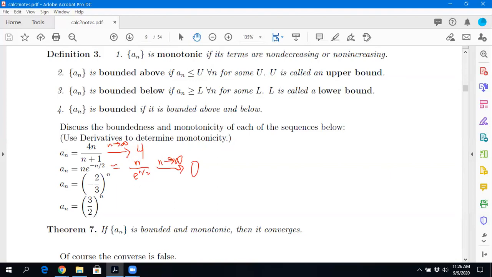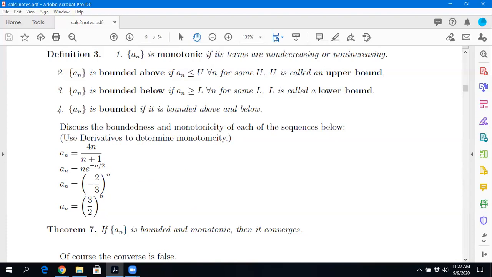Okay, what about these last two guys? The minus 2/3 to the n. What do you guys think about that? That thing's going to hop back and forth between negatives and positives. Does that make sense?